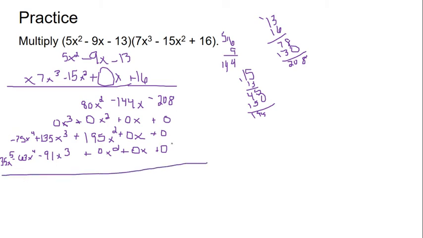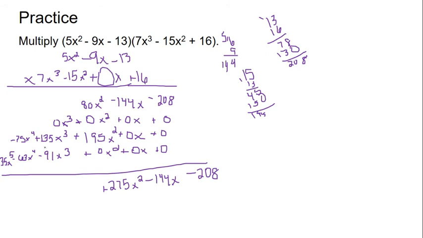So over here on the right side, negative 208 plus 0, we get a negative 208. Negative 144x plus all 0x, and negative 144x. Our x squareds here, 80 and 195, gives us a 275x squared.